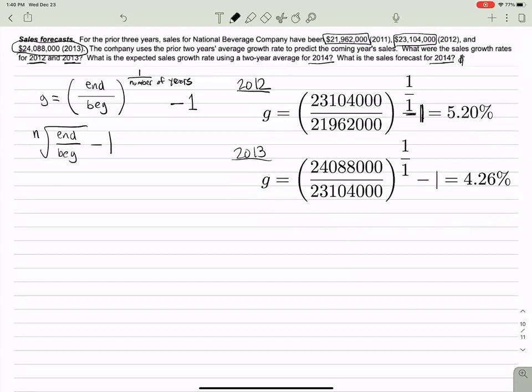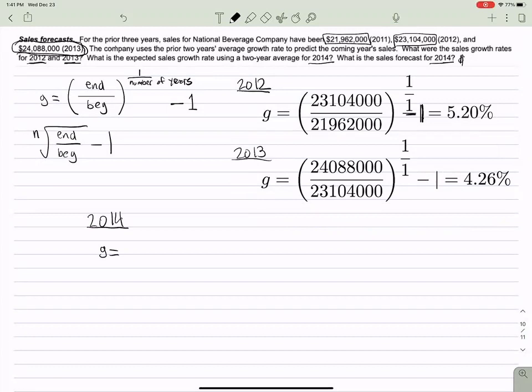Finally, when we move on to 2014, so again, we're trying to figure out the expected sales growth rate of 2014. We don't actually have the data for 2014, so we'll use what we have. So when we're dealing with the ending, we're going to take the 2013 number.